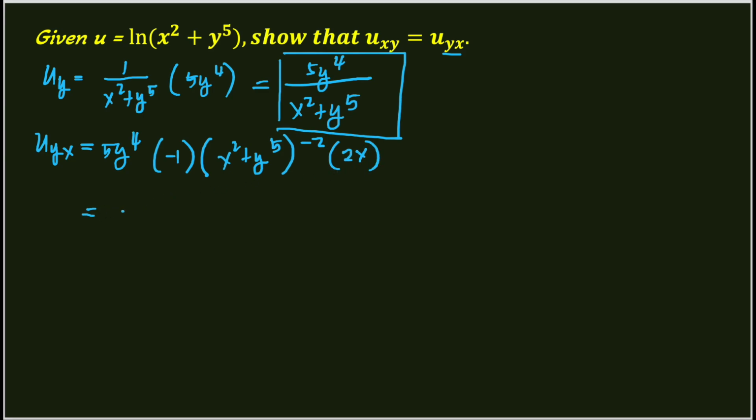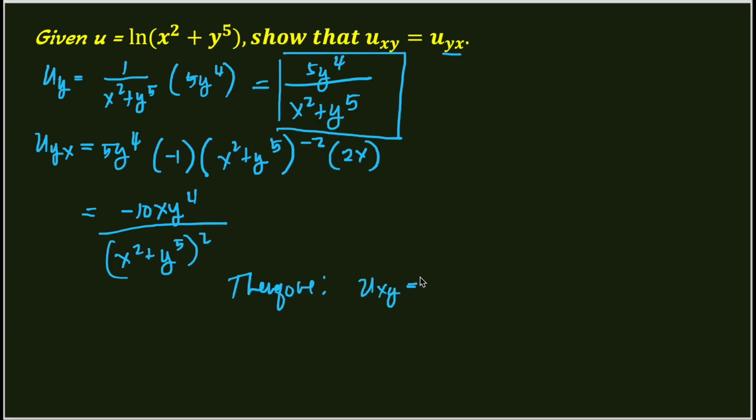So this will be equal to negative 10xy to the fourth power over (x squared plus y to the fifth power) raised to positive 2. Therefore, we can say that u sub xy is equal to u sub yx. And that's it for example number 2.